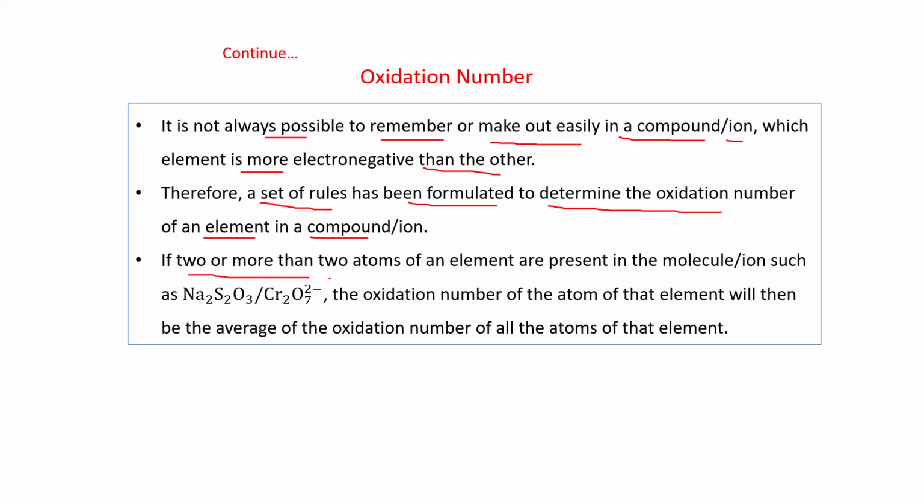If two or more atoms of an element are present in a molecule or ion, such as Na2S4O6 or Cr2O7 2-, the oxidation number of the atom of that element will then be the average of the oxidation numbers of all the atoms of that element. If more than one atom of the same element is present in a molecule or ion, then we take the average of the oxidation number.